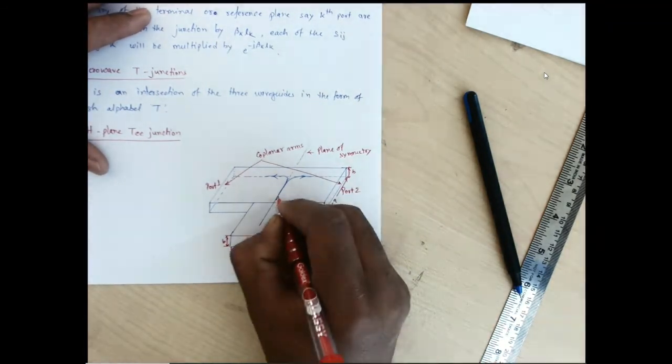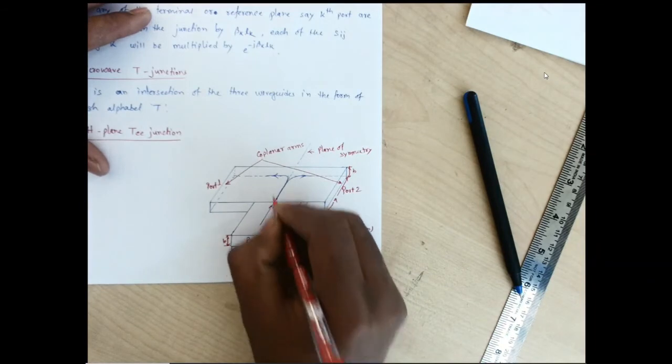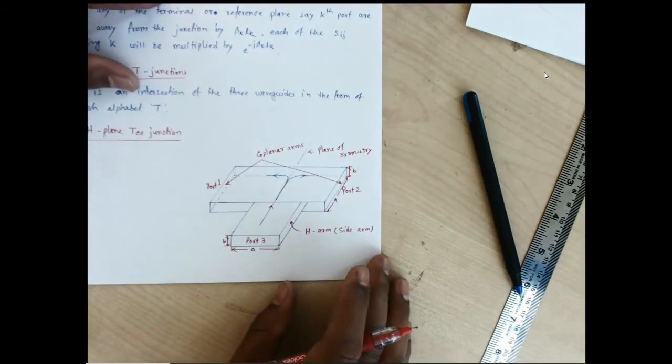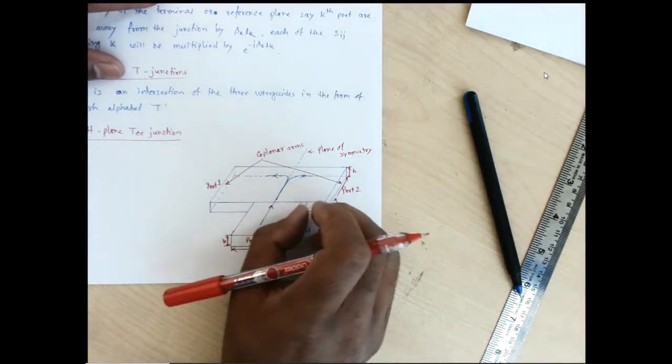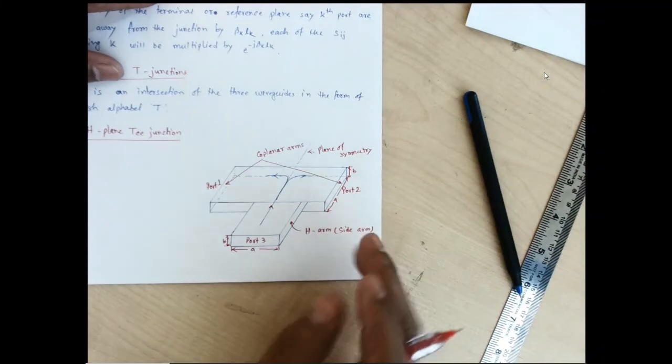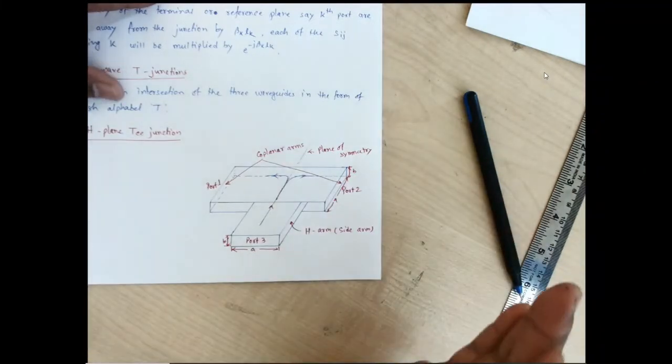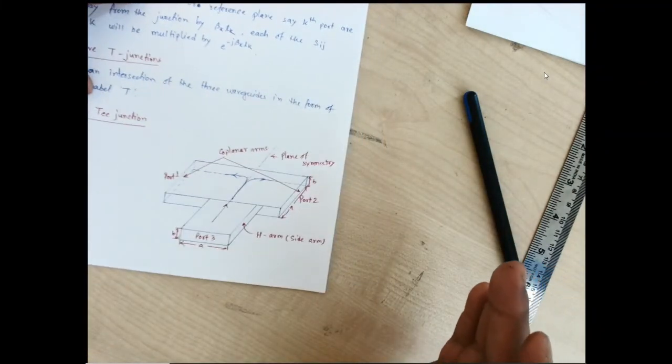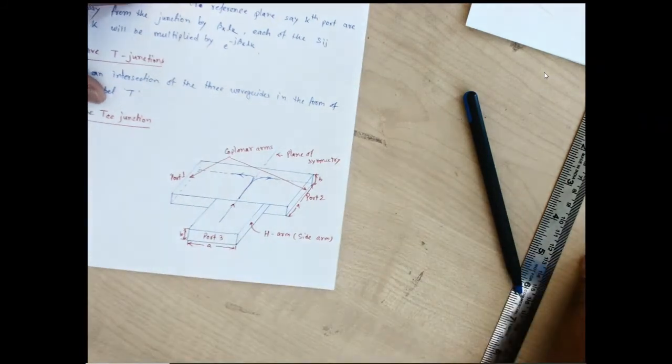So this is the incoming signal and it gets divided into two arms. So this one will be connected at the middle of this waveguide. It will not be at the side like this, it will be at the middle of this waveguide.